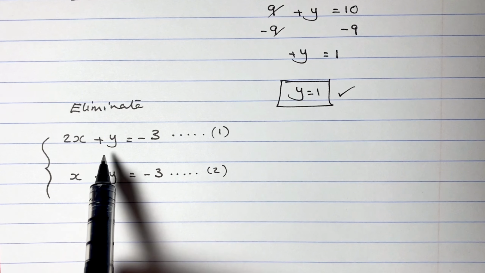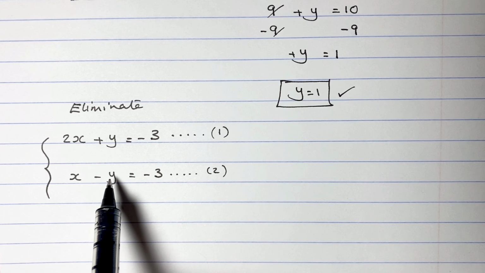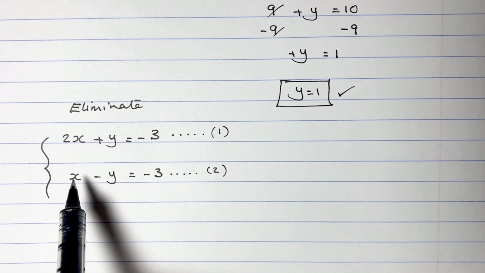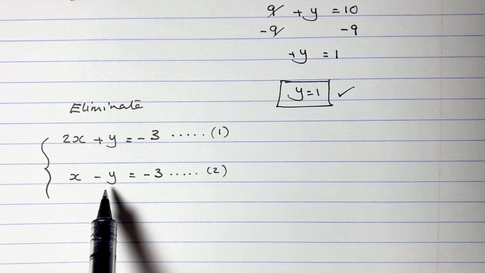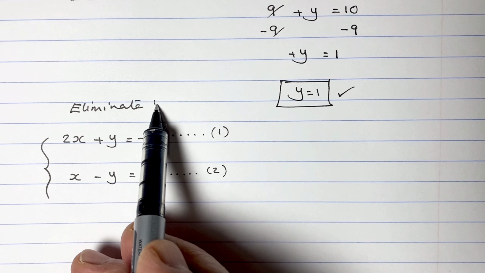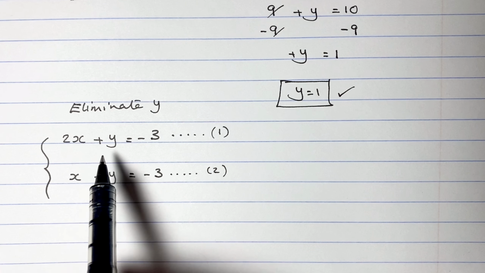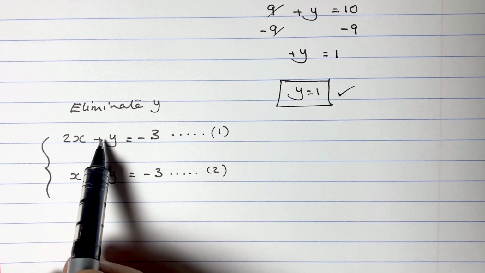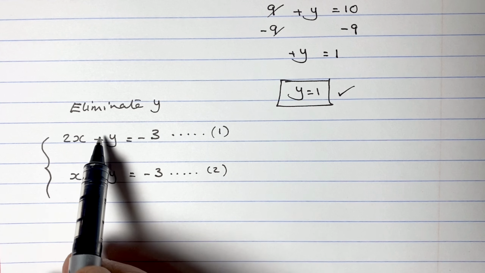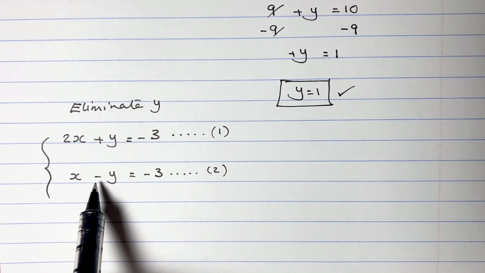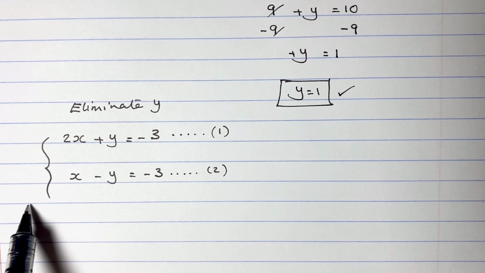Here I would go for letter y. As I said, there's no right or wrong. You can eliminate x or eliminate y. The reason I've gone for y, and the reason I think it's easier, is because we have the same number of y here. And the second bonus is their signs are different. Why is that a bonus?